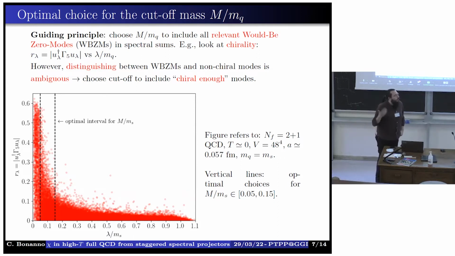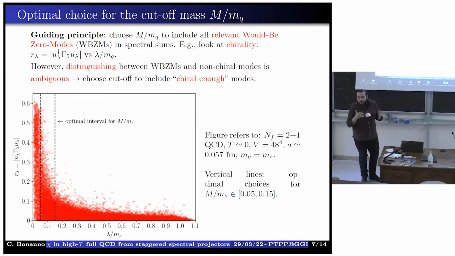exclude the non-chiral modes. But as you can see from this scatter plot of the chirality versus the magnitude of the modes, it is very hard to clearly distinguish between zero modes, so chiral modes, and non-chiral modes. As you can see, the maximum value of the chirality that we observe is about 0.6 at this lattice spacing, about 0.057 fermi, at zero temperature. So this is an example at zero temperature.